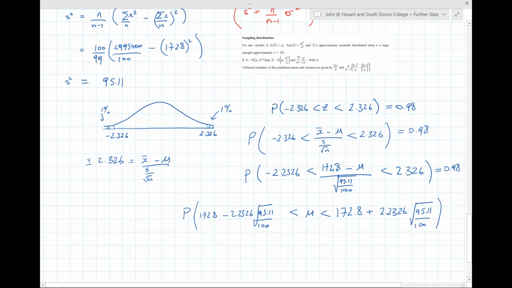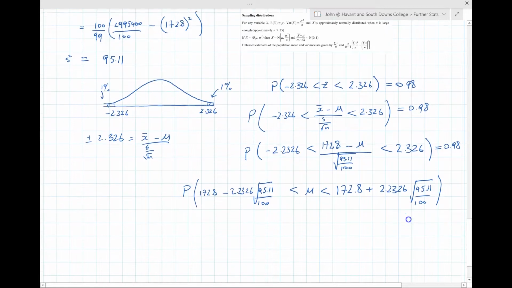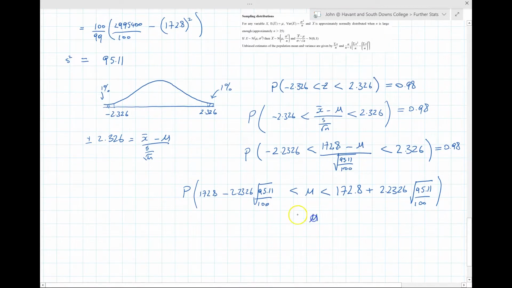Okay, and working that out, that gives us mu lies between 170.5 and 175.1. Let's write that as a probability statement at this point and then conclude.